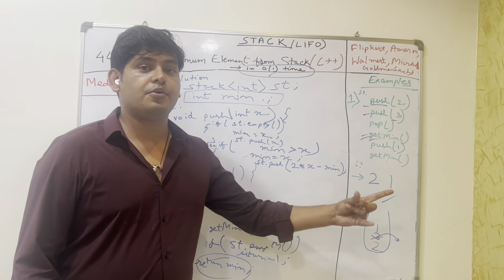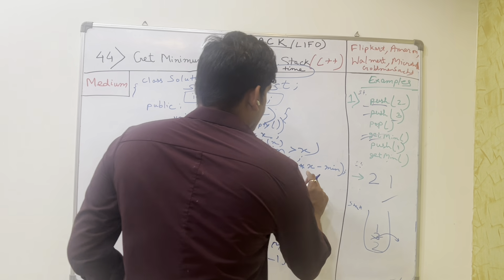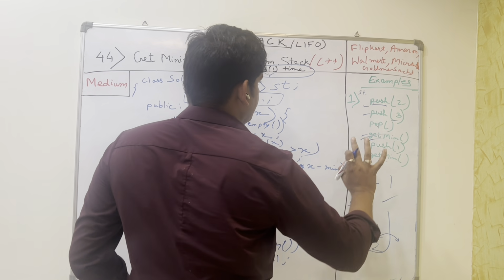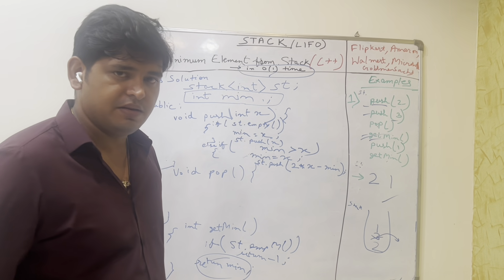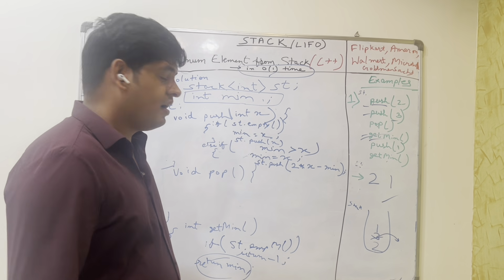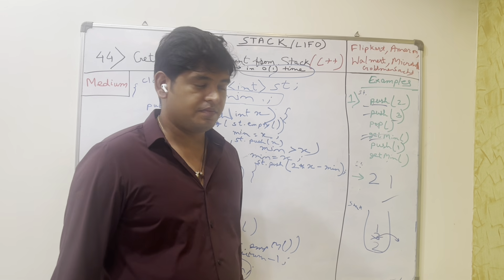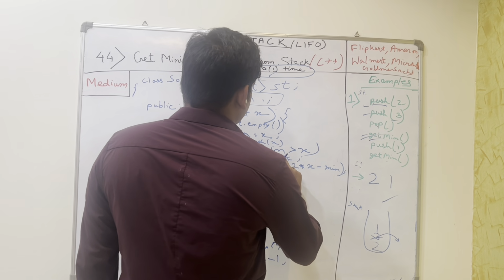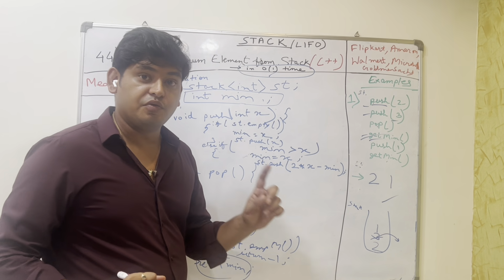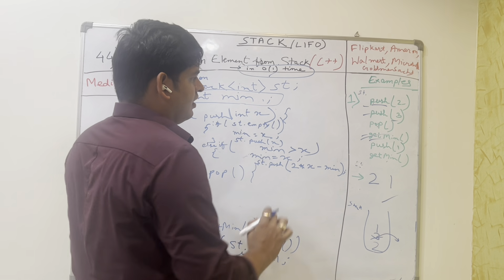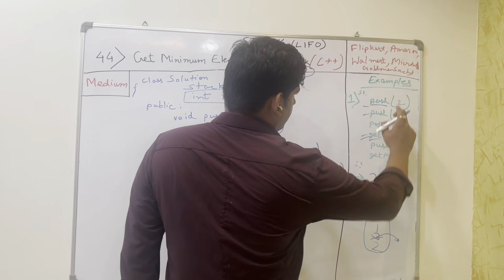We'll come to it and discuss it after some time, right? But say in this example, 2, 3 is a different example, but 2 into x minus min, will it always be less than x or not? Say minimum was 2, okay. Now the next element that has come is 1. Okay, here minimum is 3. Here in this case 3 is popped out.